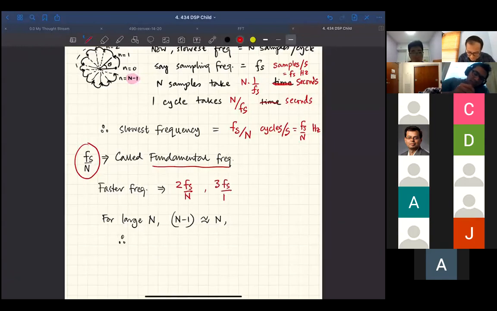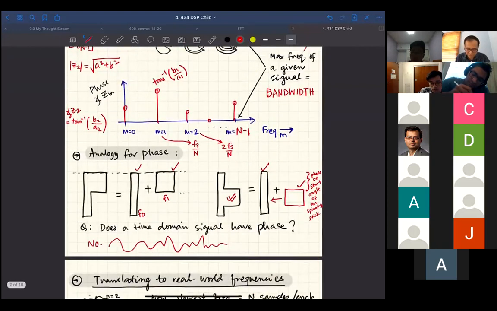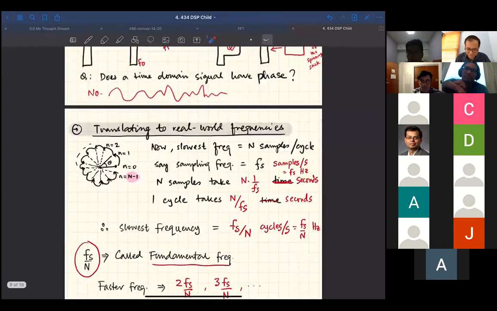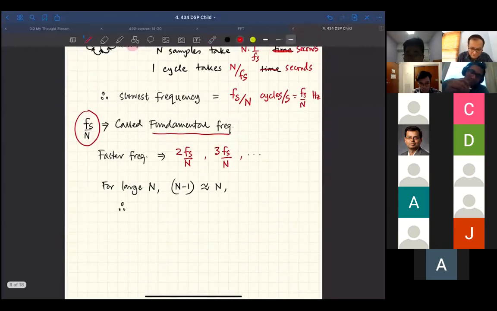What is the fastest frequency that you get? Someone? What is the fastest frequency you get here? N minus 1, right? So what is the fastest frequency you'll get here in real frequencies in hertz?